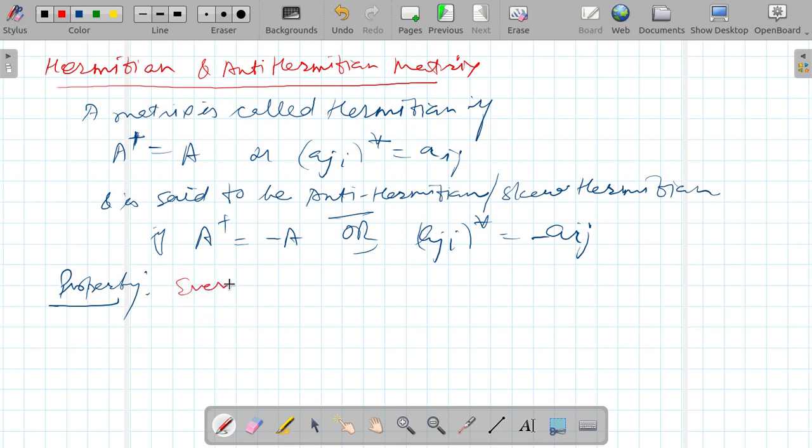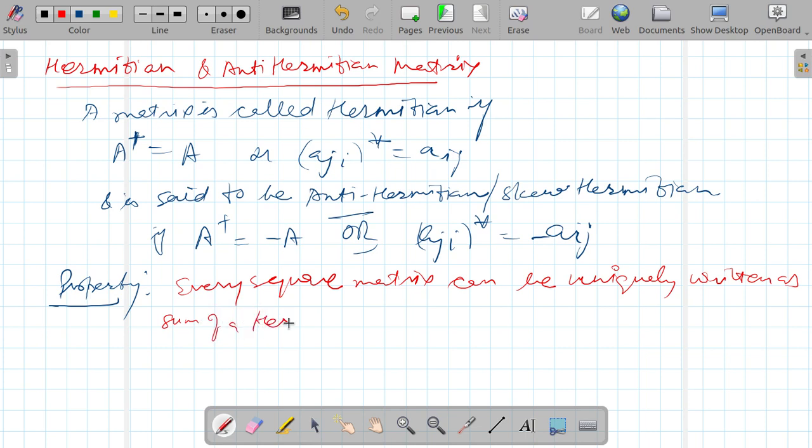Every square matrix can be uniquely written as the sum of a Hermitian and an anti-Hermitian matrix.